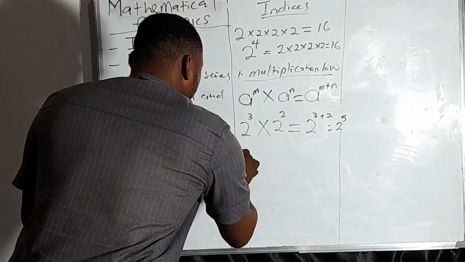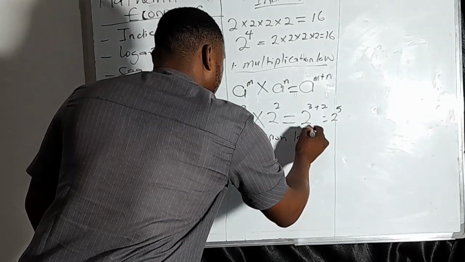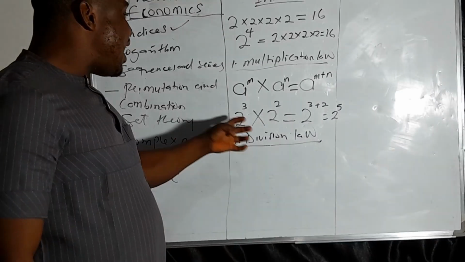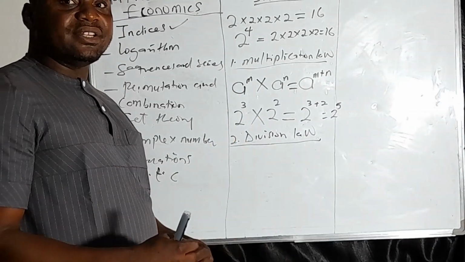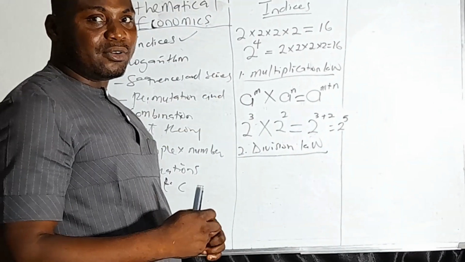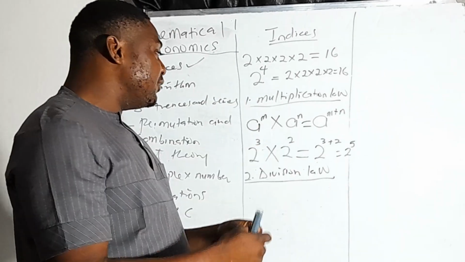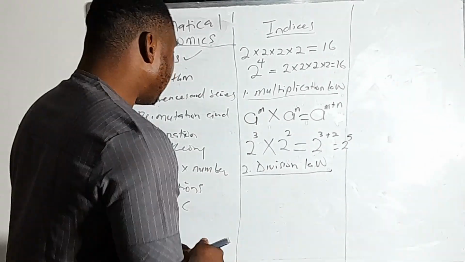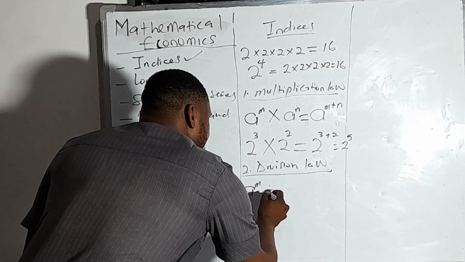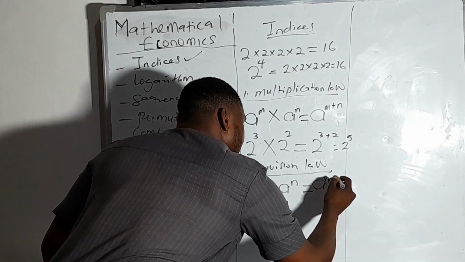The law number 2 is the division law. This law states that when you have indices of the same base in division form, you subtract the powers from each other. In multiplication, you add the power; now in division, we are subtracting the power. That is, a raised to power m divided by a raised to power n is the same thing as a raised to power m minus n.